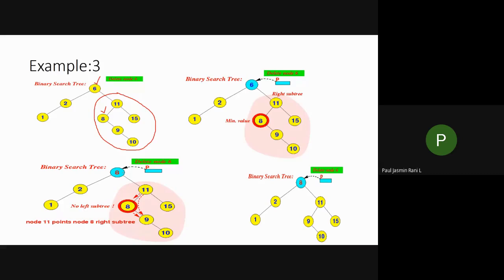In that case, you will be picking up the minimum element from your right subtree, or the maximum element from your left subtree. While choosing that one also, you have to be very careful that you should not detach other elements from your binary search tree. So you have to be very careful while assigning the address to a particular node.